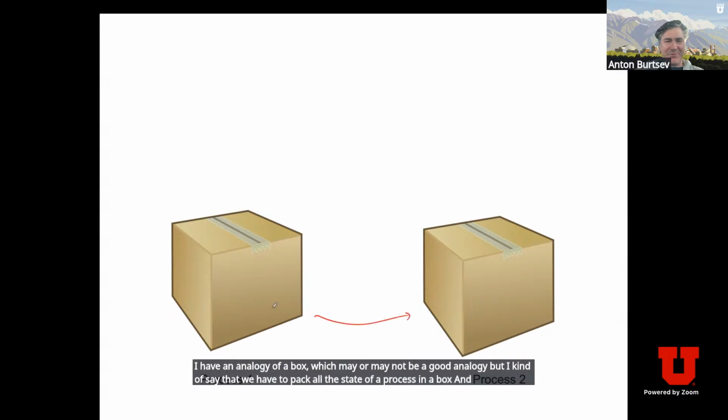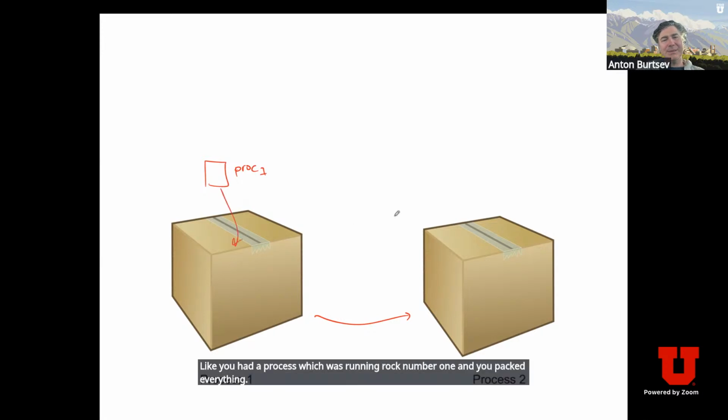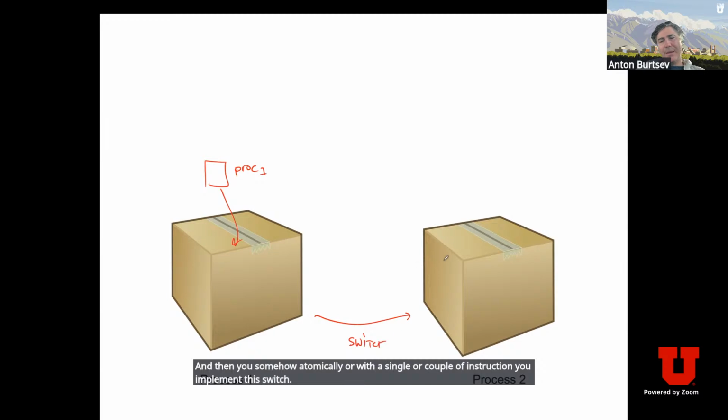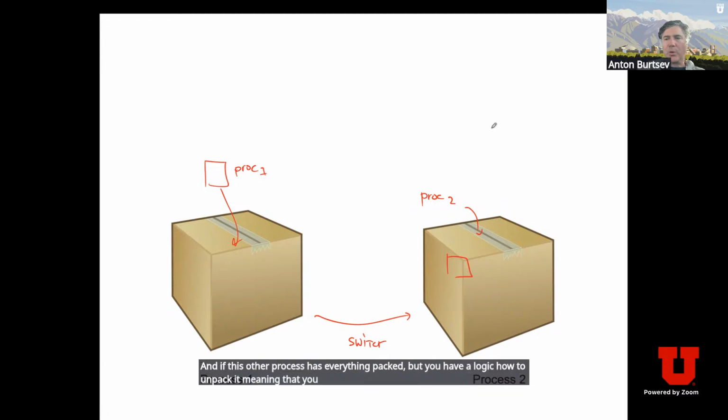And then if we switch from one, imagine you had a process which was running on clock number one, and you packed everything, and then you somehow atomically, with a single or a couple of instructions, implement this switch. And if this other process has everything packed, but you have the logic for how to unpack it, meaning that you restore all the registers, and at some point you will exit into the user level.